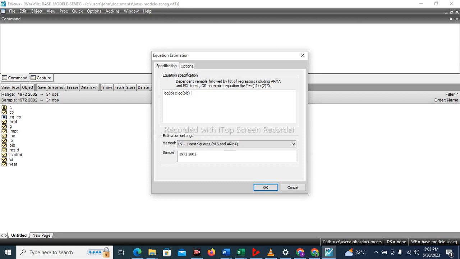It is also a function of uncertainty, INC. Lastly, you have the lagged variable of itself, IP(-1). Then you have it. When you figure out everything is okay, you click OK.